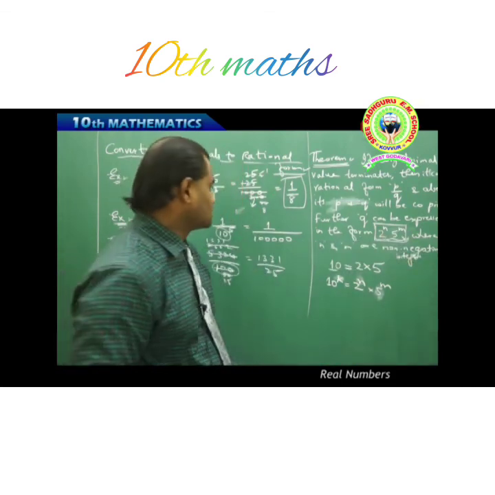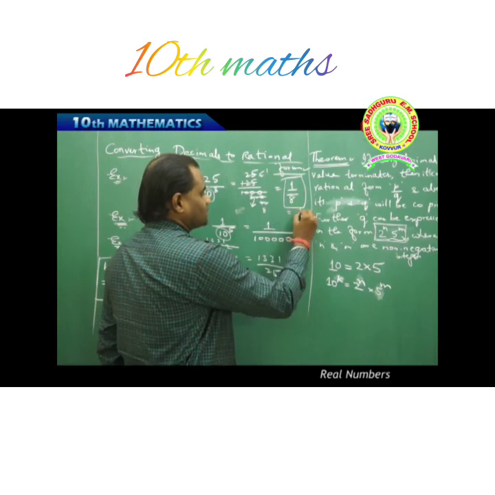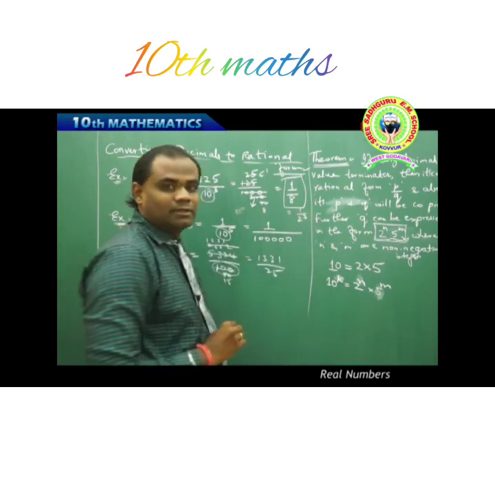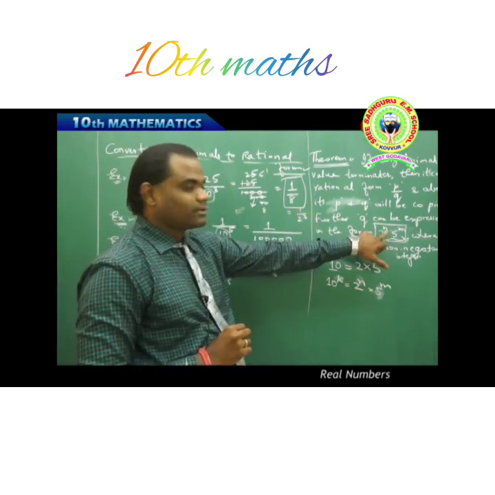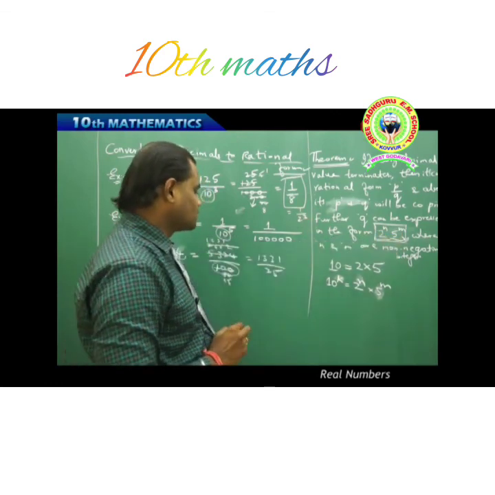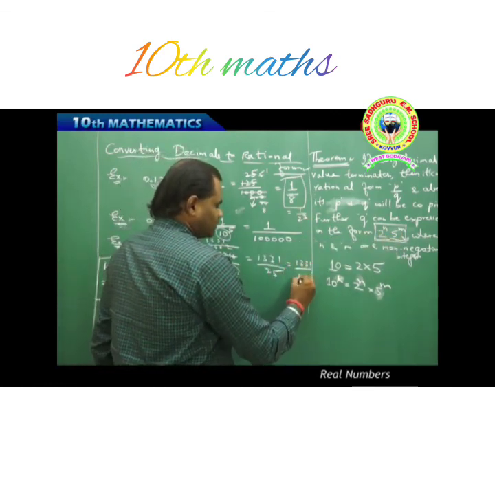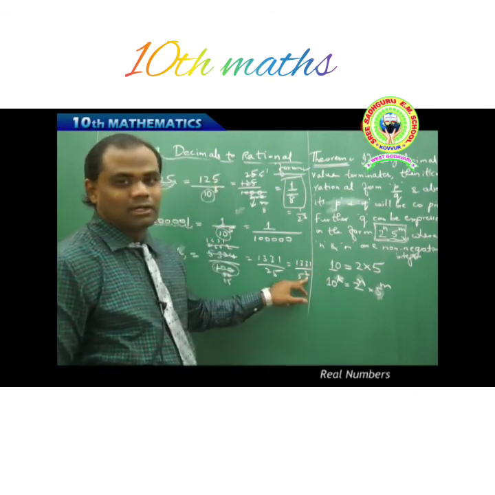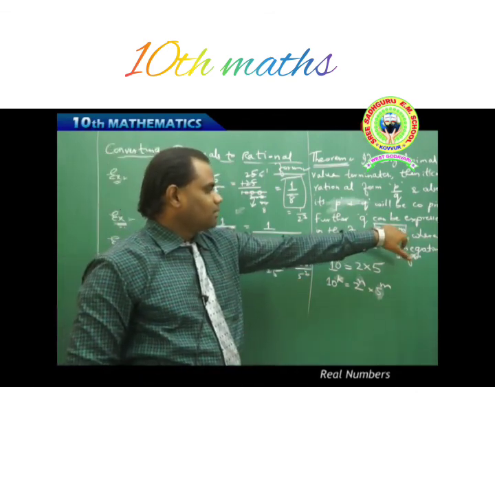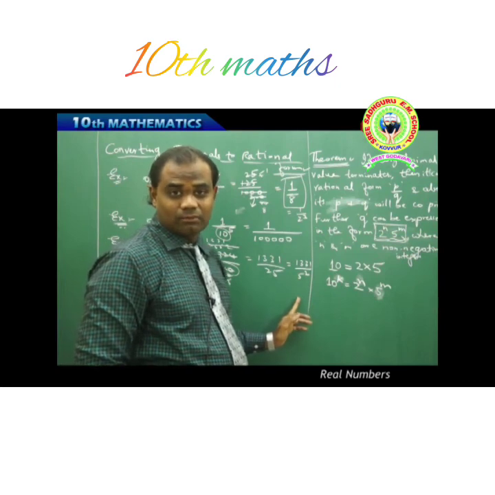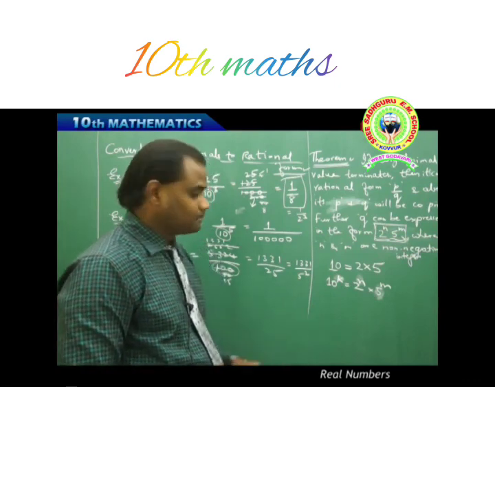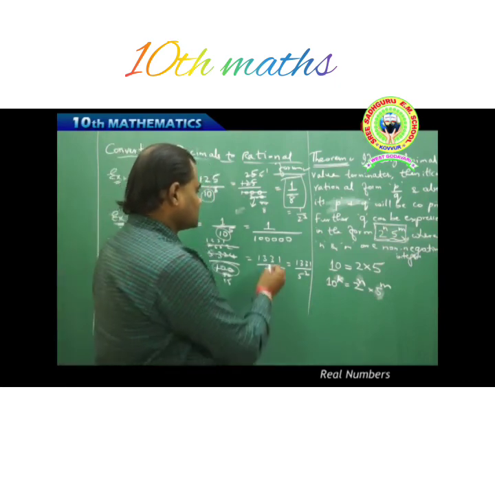As I can see here, 1 by 8 can be written as 1 by 2 power 3. So here n is 3, m is 0. 1331 by 25 can be written with 5 square, which is 5 power m. M is 2 and n is 0 because there is no 2 power term. So everywhere I see the same concept.